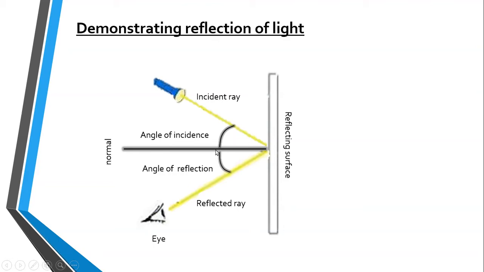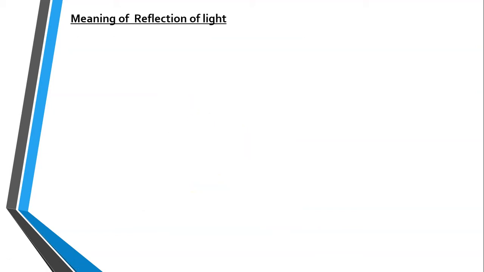So in the next part, we're going to look at the meaning of reflection and then the ray diagram of reflection. So what is the meaning of reflection? With the demonstration, can you define reflection in your own words?